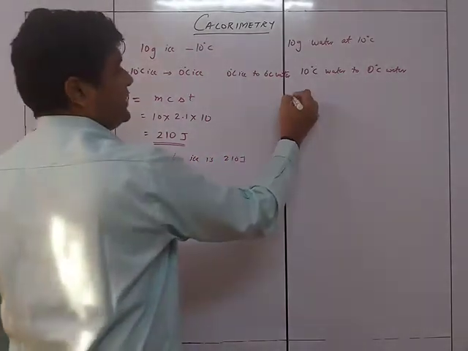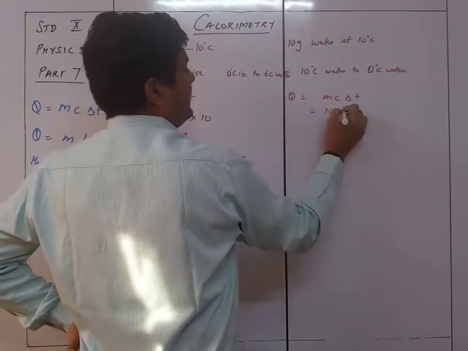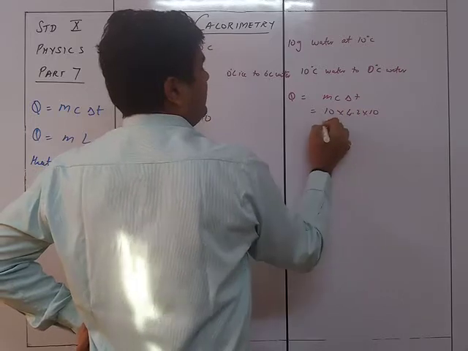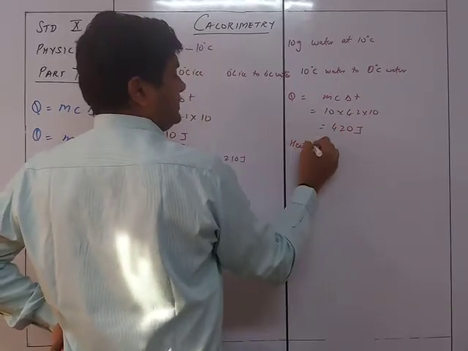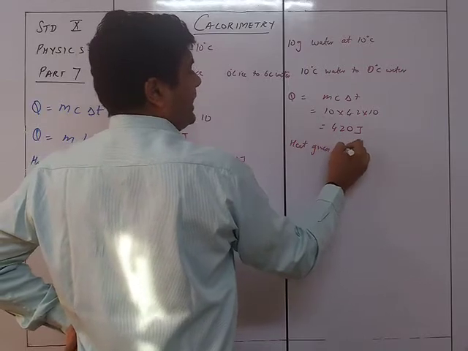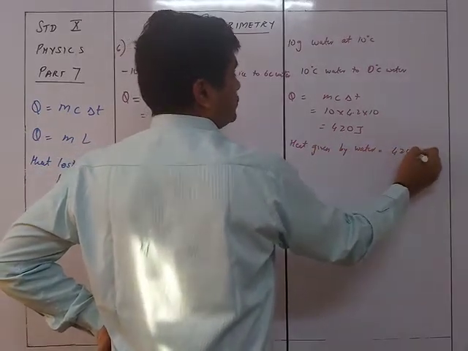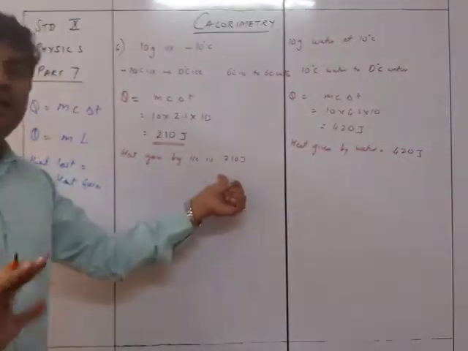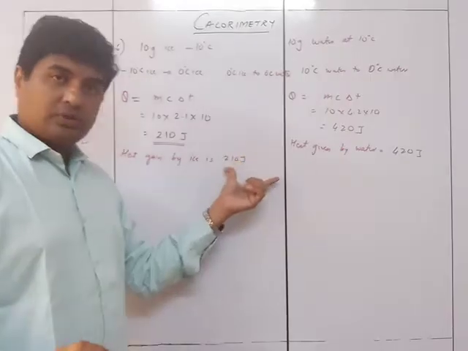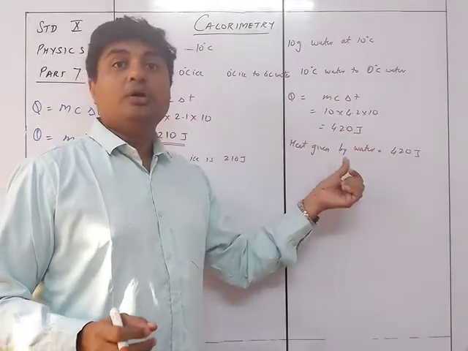Over here you can see that Q is equal to mc delta T. So that will be equal to 10 into 4.2 into 10, which will be 420 joule. So the heat given by water is equal to 420 joule. That means the ice is for sure going to get this heat. So what is the balance amount of heat which it can give?